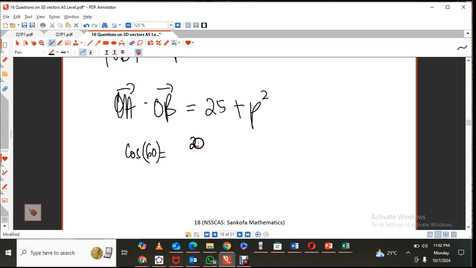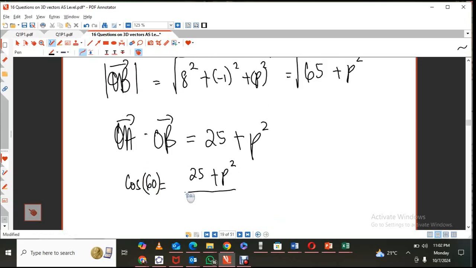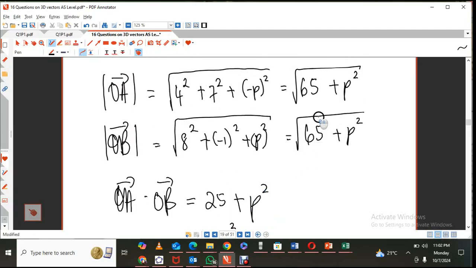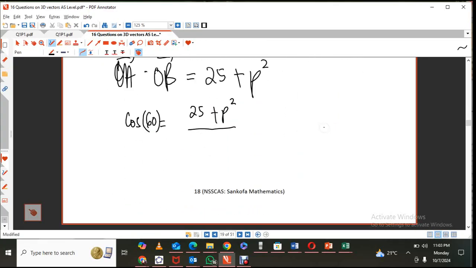And that is equal to 25 plus P squared over, now what were our two magnitudes? Our two magnitudes were nothing but these two times themselves, so we're going to have 65 plus P squared.